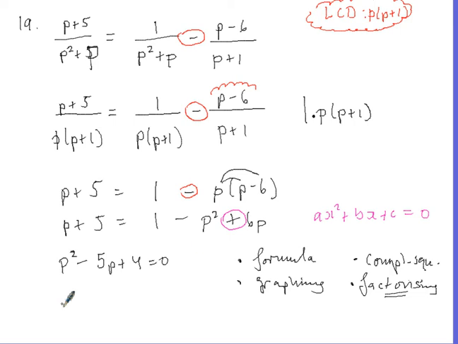In this case, the expression does factorize easily. You get p minus 4 times p minus 1 equals to 0. Do a bit of mental work here to check that this fits this. I stop here for just a few seconds, check it.